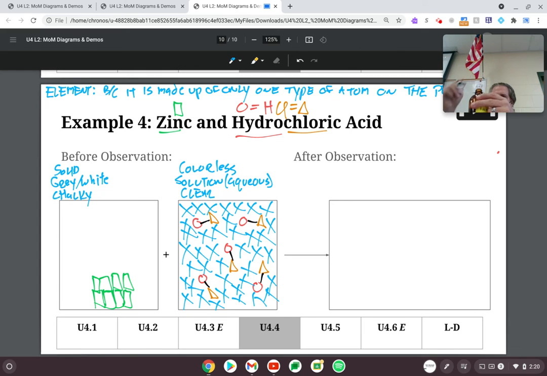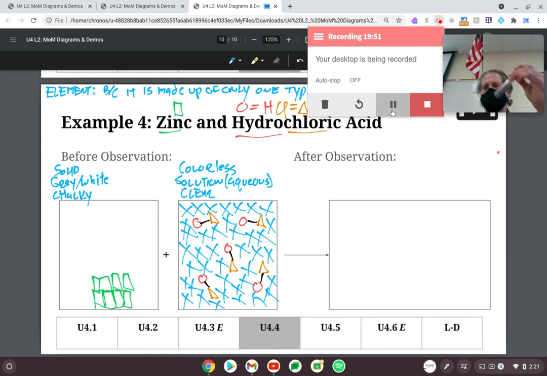Whoa. So some obvious things that we notice is that there's definitely some heat occurring here too. So, all right, now, what observations would you make that are obvious here?